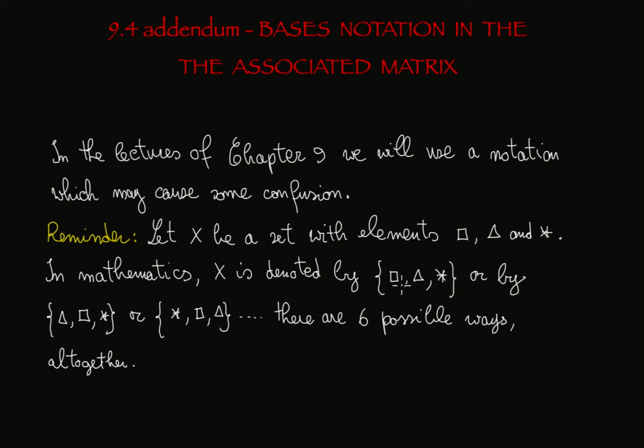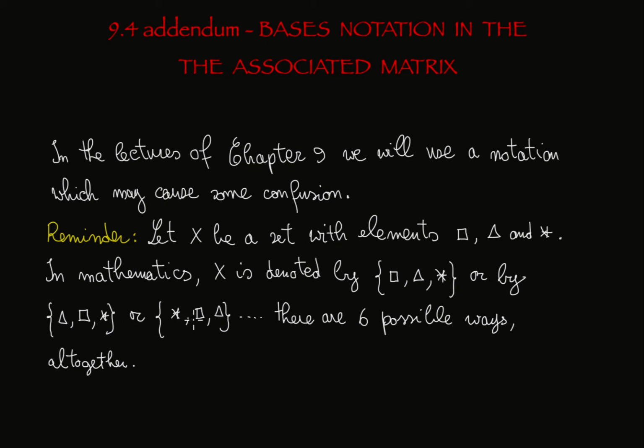We could have as well indicated the same X by the following string of symbols: open curly bracket, and instead of starting with the square, we can start with a triangle, and then comma, square, and then comma, star. Or starting with the star, and then square, and then triangle.